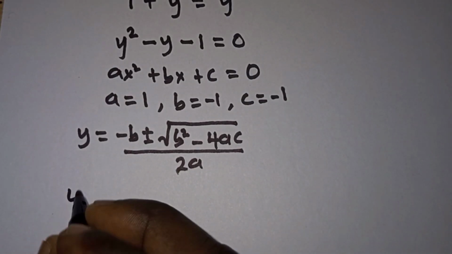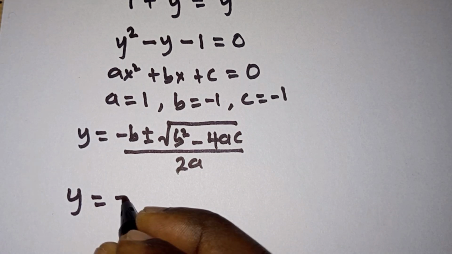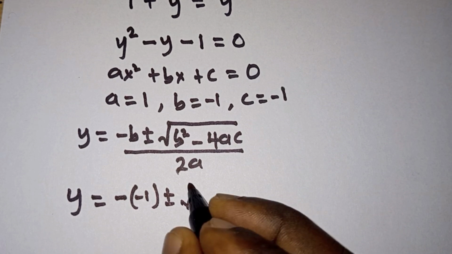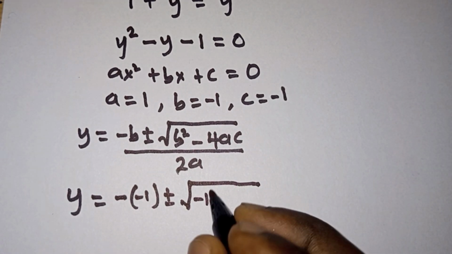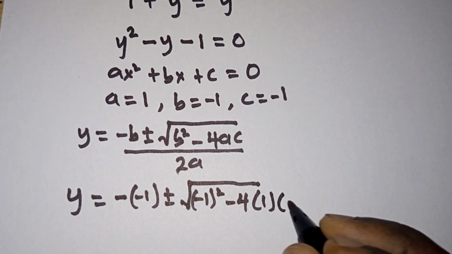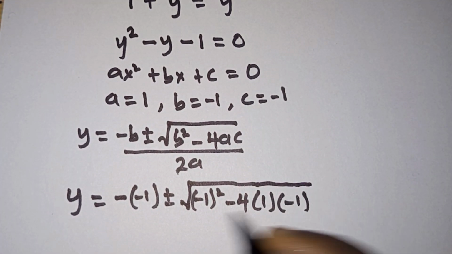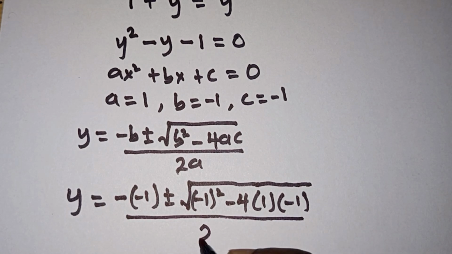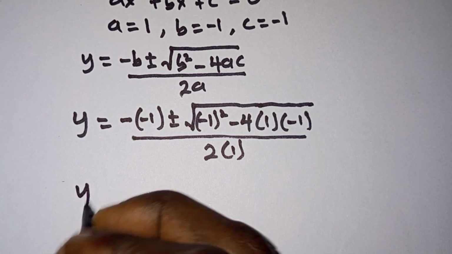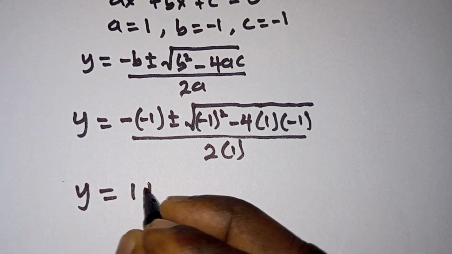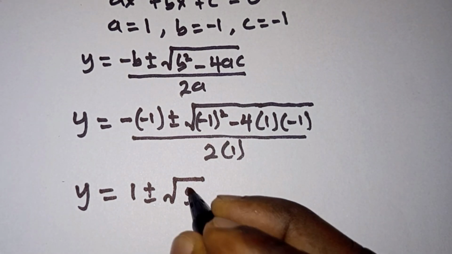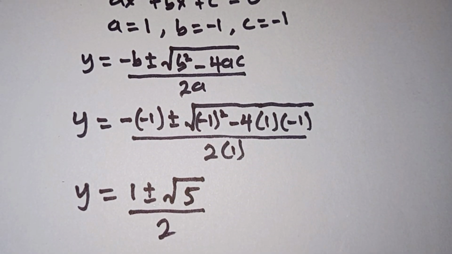So we're going to have y is equal to -1 plus or minus square root of -1 squared minus 4 times 1 times -1, all divided by 2 times 1. So if we simplify this, we're going to have y is equal to 1 plus or minus square root of this whole thing will give us 5, then divided by 2.